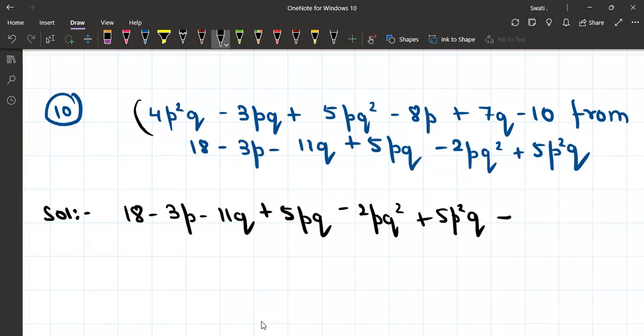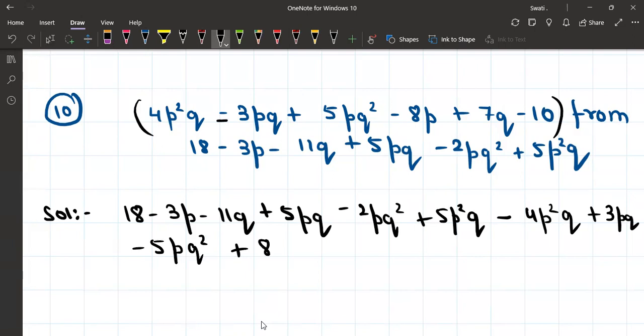Imagine I've written this in brackets. If I remove the bracket, the sign will get reversed. So minus 4p square q plus 3pq, right? This minus will become plus. And then minus 5pq square plus 8p minus 7q and plus 10. Now we are going to solve this.